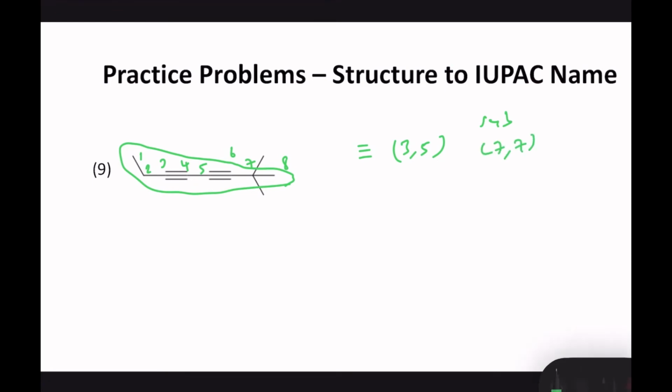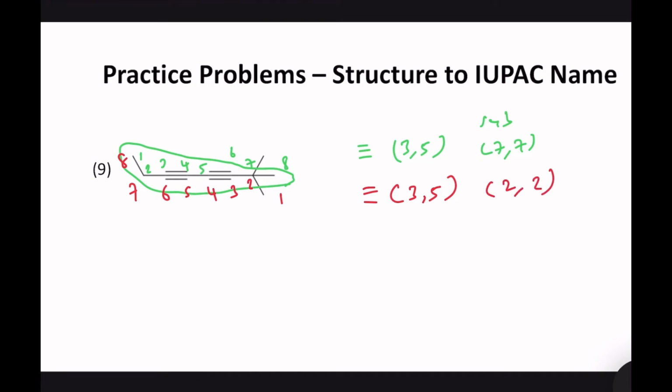On the contrary, if we do the numbering from right to left, now the triple bonds are still at 3 and 5 positions, but the substituents are at 2 and 2 positions.